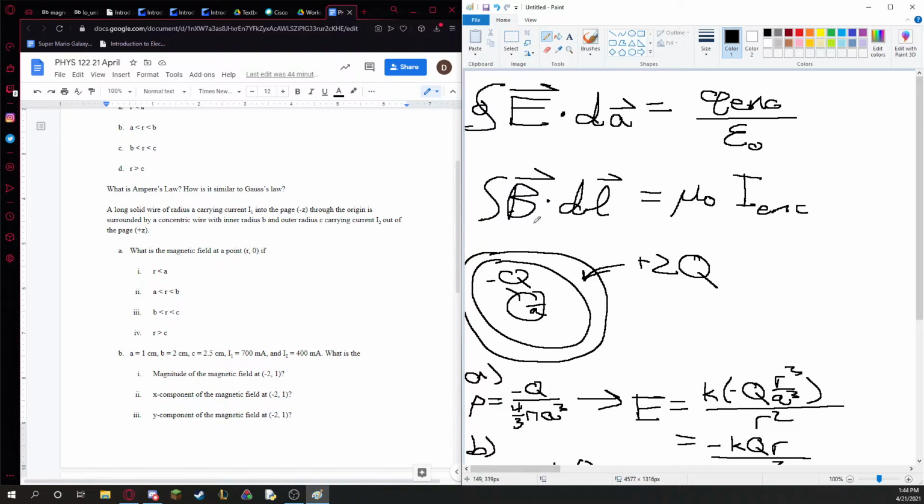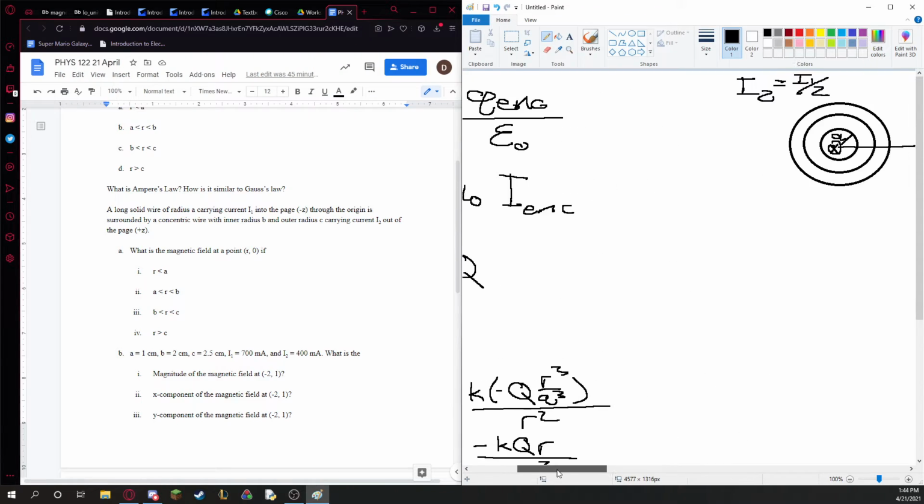How do we use Ampere's law to find it? Mu naught I enclosed over 2 pi r.